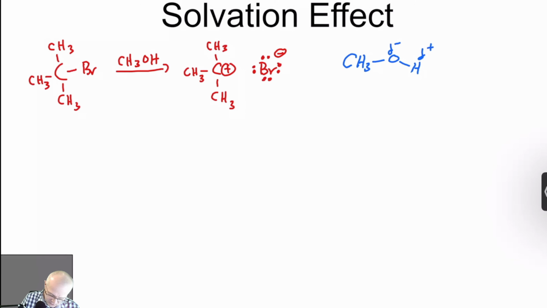So the bromide, don't forget bromide is negative, can get surrounded by the methanol. Specifically the hydrogens on the methanol. The protic hydrogen, the delta positive hydrogen. Let's be clear.